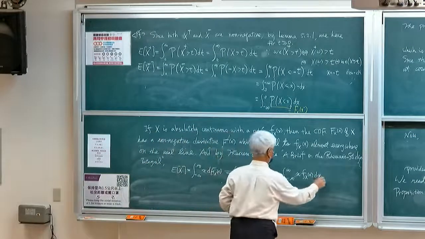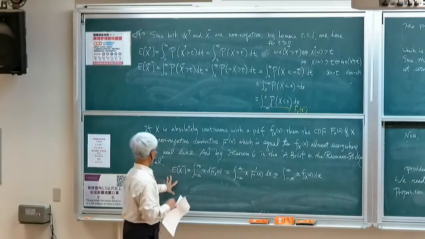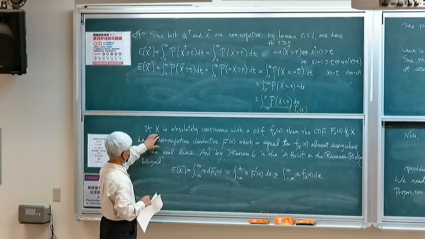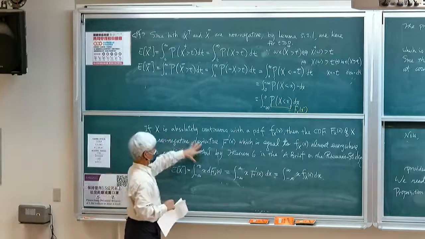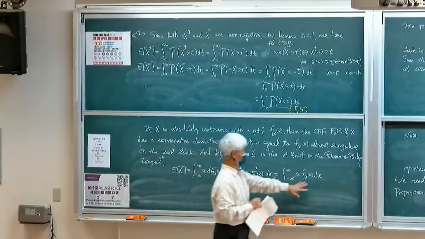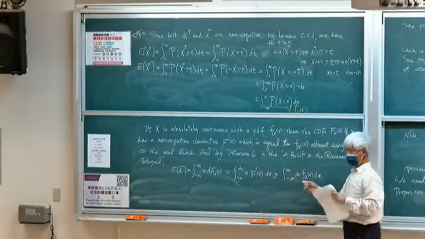And so the evaluation for an absolutely continuous random variable can use the PDF to compute.